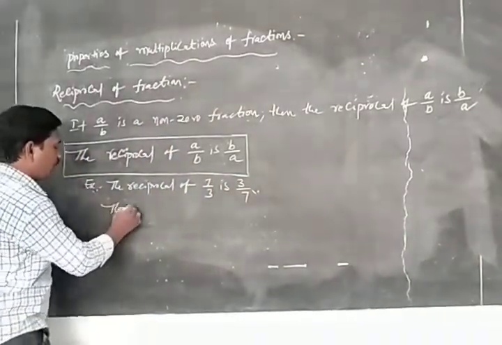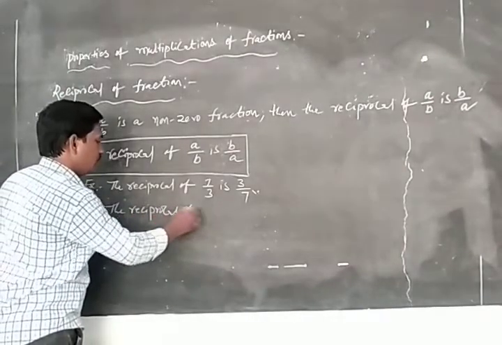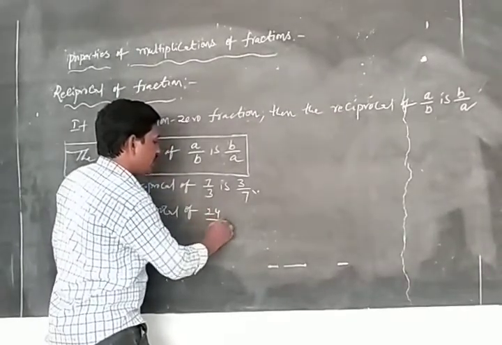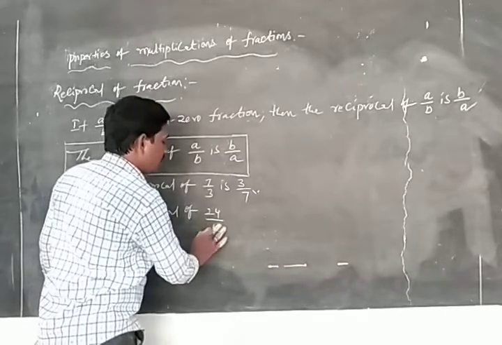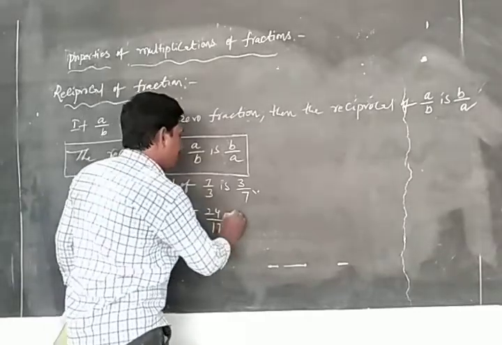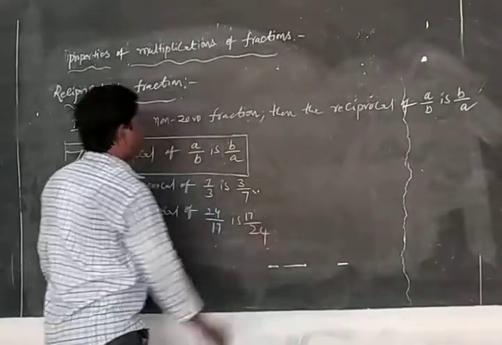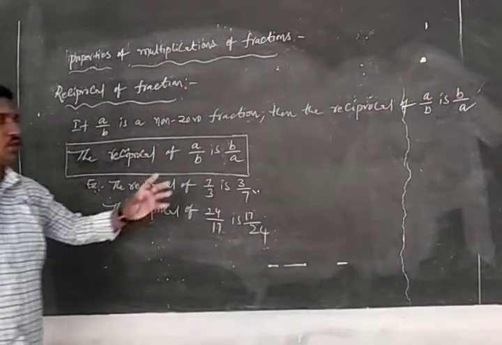The reciprocal of 24 by 17 is 17 by 24. So reciprocal of a fraction means the fraction should be inverted.